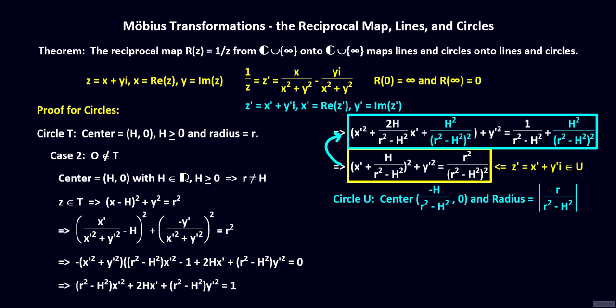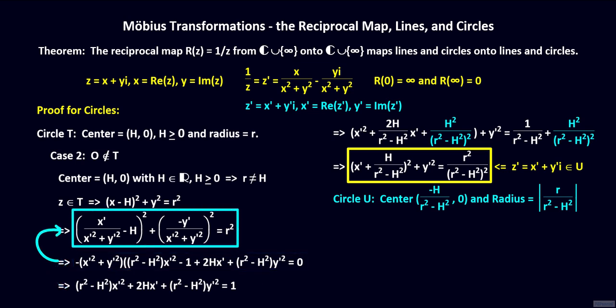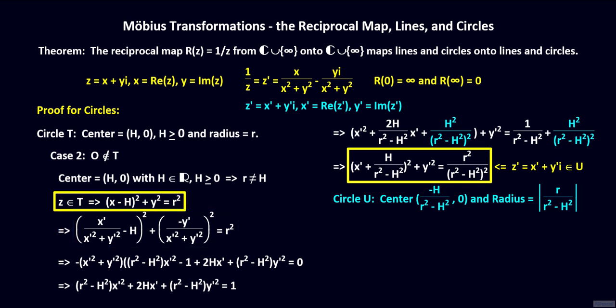This in turn is equivalent to this equation, which is equivalent to this other equation, which is equivalent to this equation in center-radius form, where x equals x prime divided by x prime squared plus y prime squared, and y equals minus y prime divided by x prime squared plus y prime squared, and these give us the formulas for the point x, y on circle T. And so for each point z prime on circle U, there is a corresponding point z on circle T where the reciprocal map applied to z is z prime.